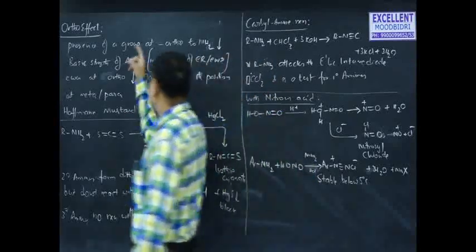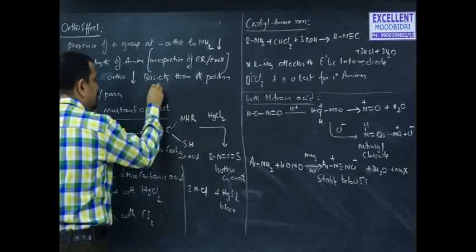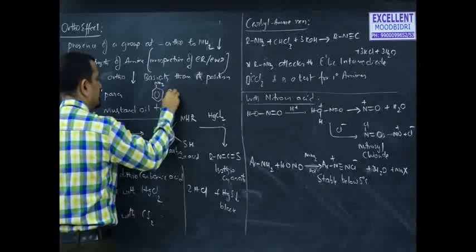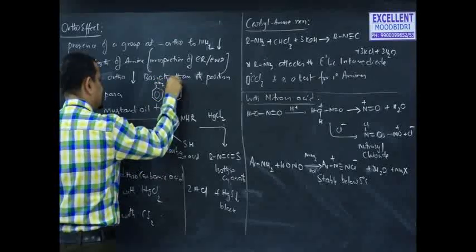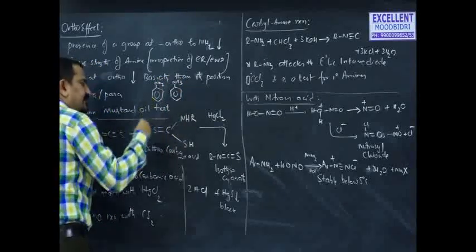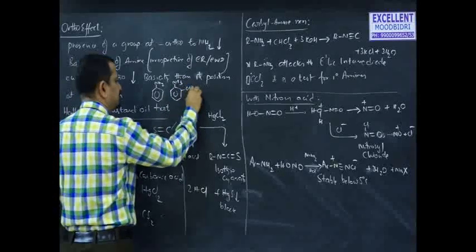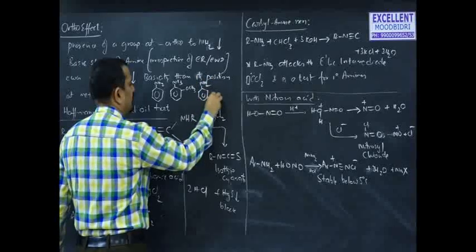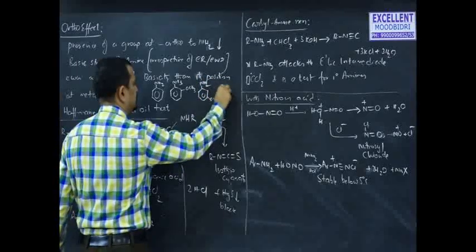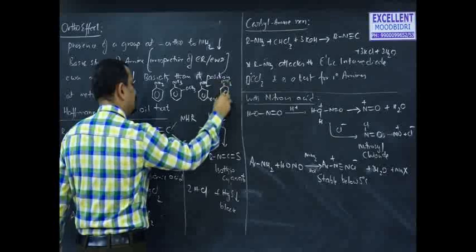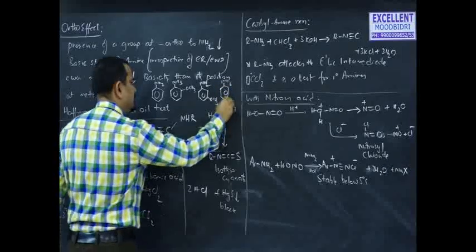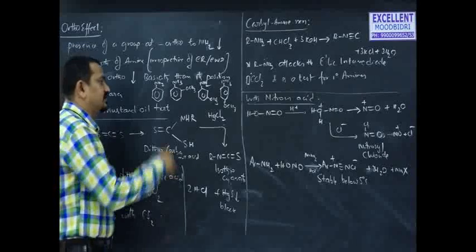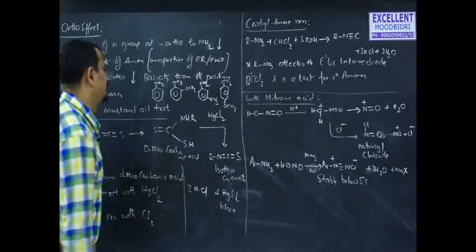For example, in this context, take aniline with an electron releasing group OCH3 at ortho position, at meta position, and also at para position. It is minus I plus M, you are aware, plus M is more pronounced, so ring activating ortho para, you are all aware of those points.